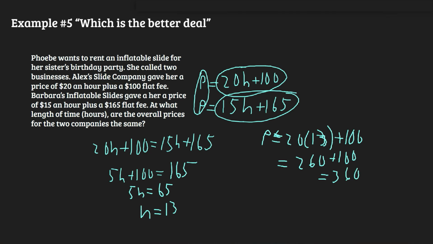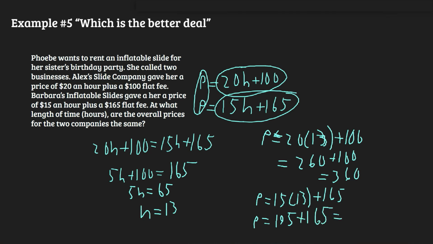And then for Barbara's slide company, the price is going to be equal to 15 times 13 plus 165. So 15 times 13 is going to be equal to 195. And then the price is going to be equal to 195 plus 165.